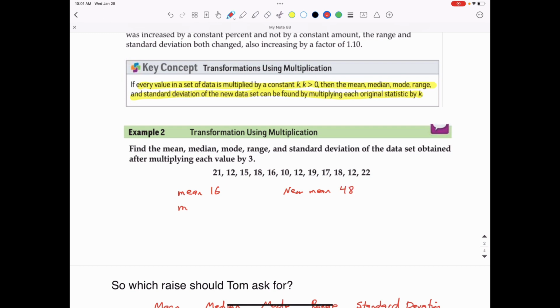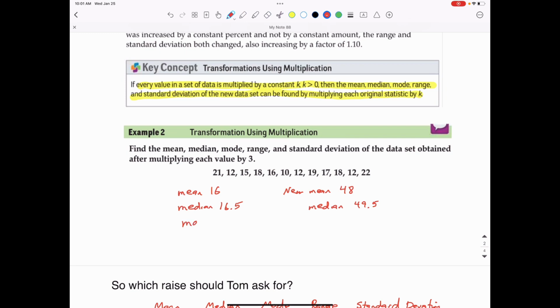The old median was 16.5, if you can read my handwriting there. I'm getting ahead of myself. But the new median is 16.5 times 3, which is 49.5.